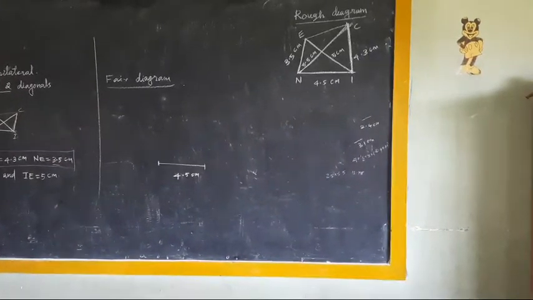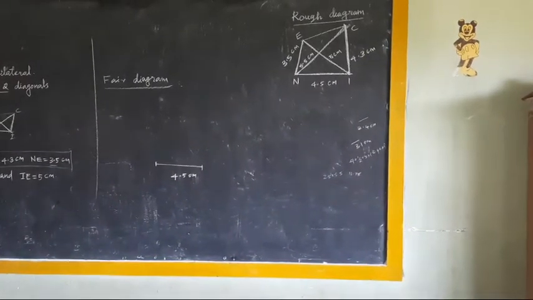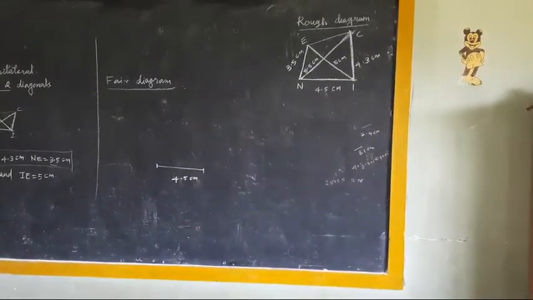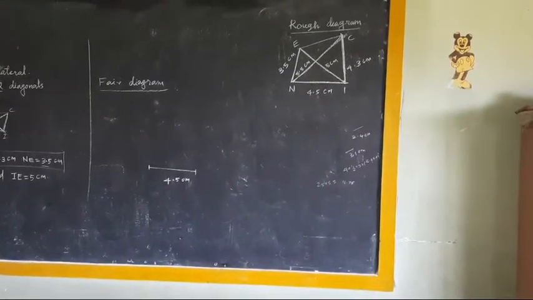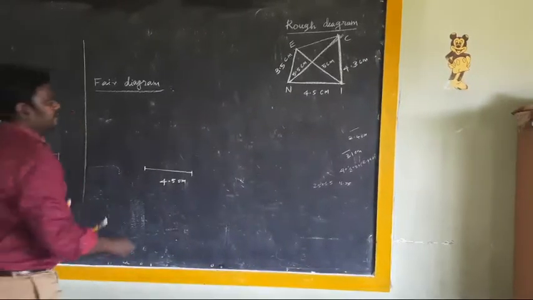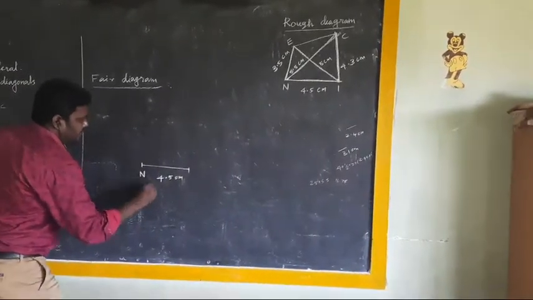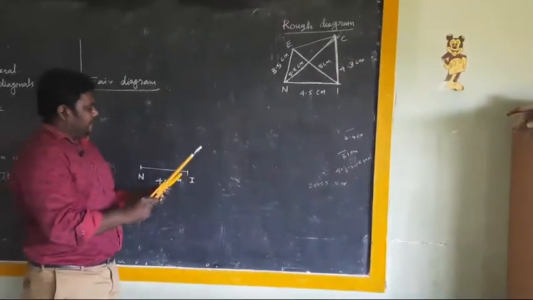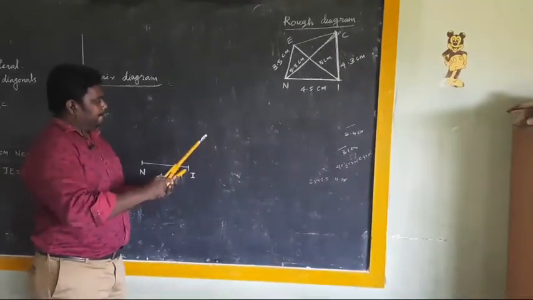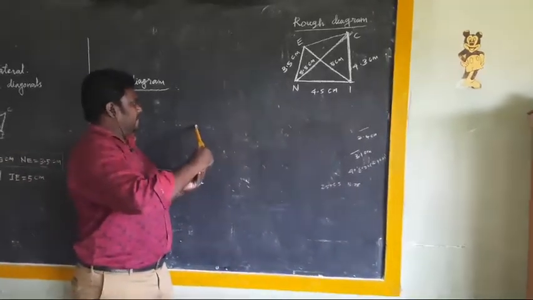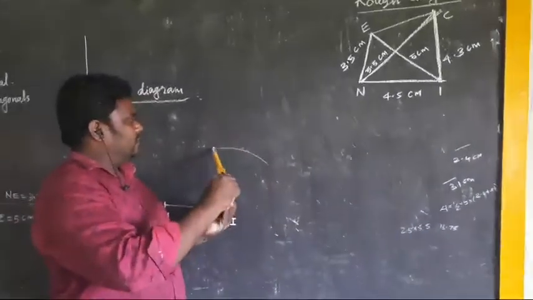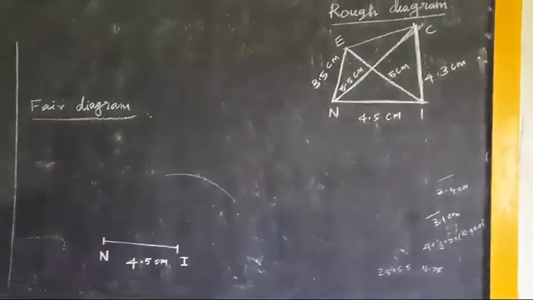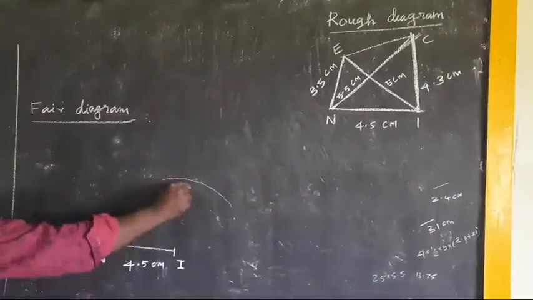With the use of a compass, I take 4.3 centimeter. From this point I, listen carefully, draw the curve, and this is the IC measurement.